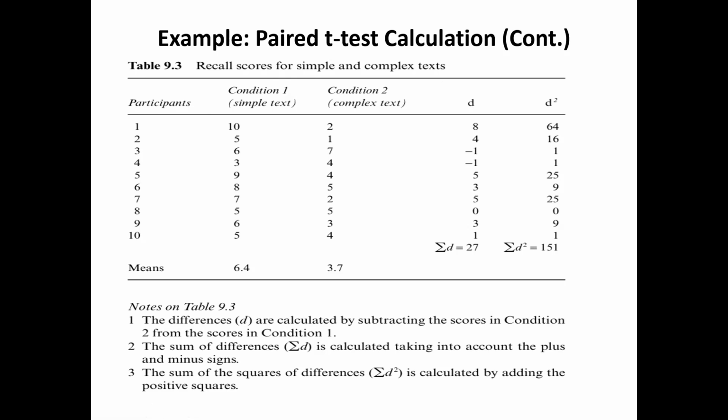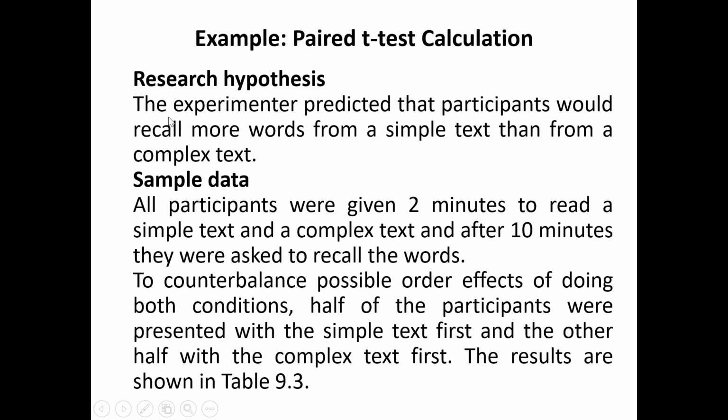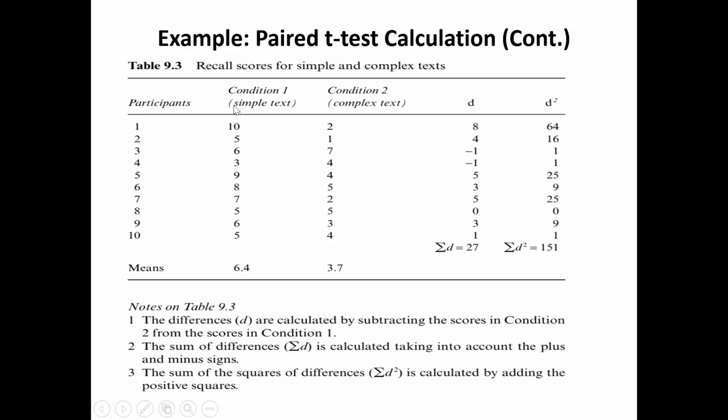10 of them participated in the experiment for the researcher to be able to test the research hypothesis that predicted that participants would recall more words from a simple text than from a complex text. Then we place them in the table, see how they are placed.